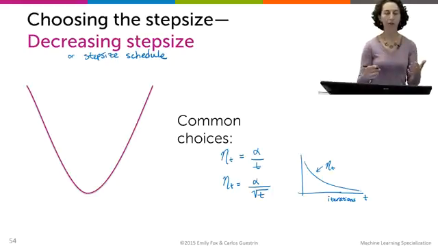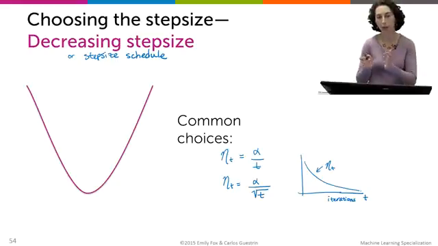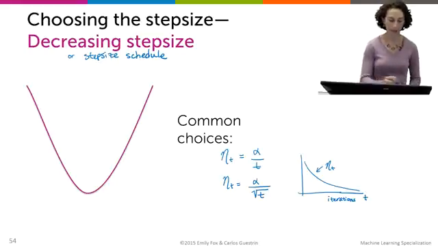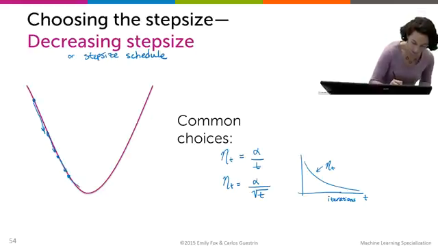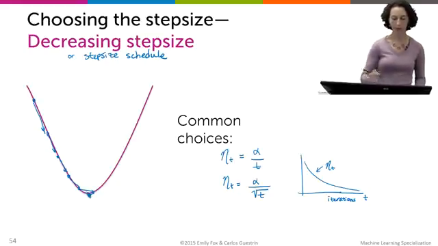So I want to take large steps, but as I'm running my algorithm, hoping I'm getting closer, I want to hone in more rapidly to the optimal. So that's why I start decreasing the step size, so that when I'm out here, initially maybe I still take a really large jump, but then as I'm going in, maybe I'll jump across once, but I'm going to hone in much more rapidly to this minimum here.